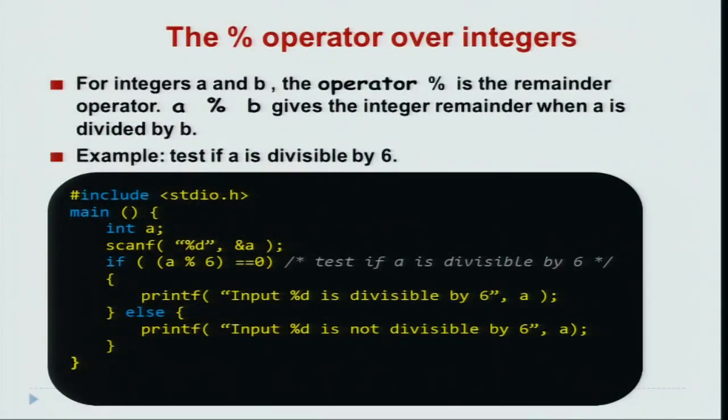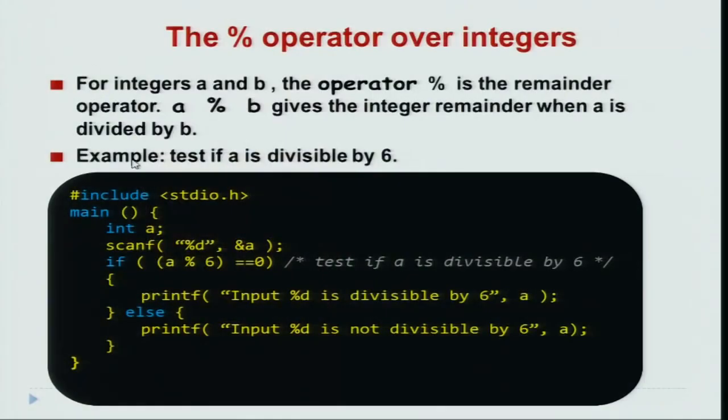Okay. So suppose we have the following problem. We get a number a and we want to check whether the given number is divisible by 6. If it is divisible by 6, a modulo 6 will be 0, right, the remainder will be 0. So we will write a simple code. You have int a, as type int, then scan the number using scanf %d and a, and then you test whether a is divisible by 6.